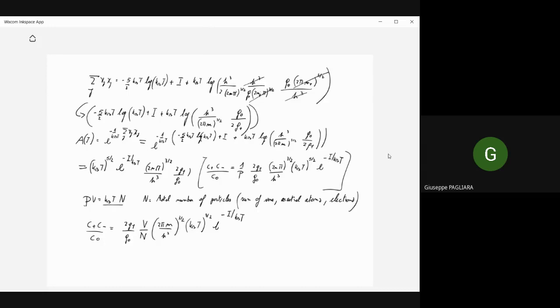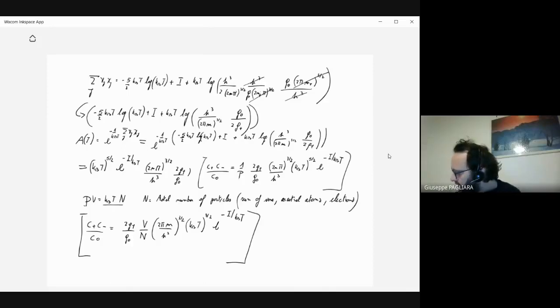Now this is the law of mass action again for the thermal ionization, which can be modified a little bit in order to obtain what is called the Saha equation, which is used, for instance, in cosmology. And what we will do is derive this important equation.